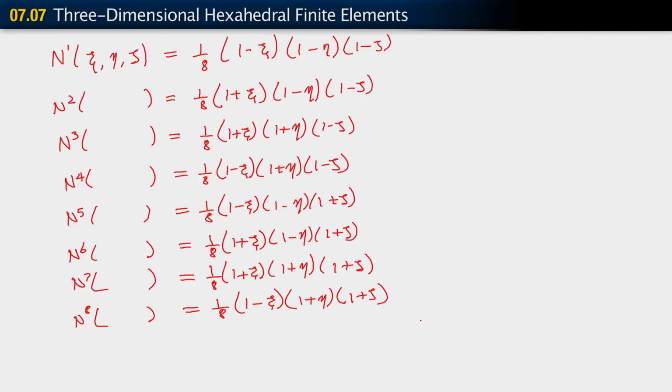Now, if you look at these, you will immediately see 2 properties that follow. From these, we directly get the Kronecker delta property: N_A evaluated at c_B, eta_B, zeta_B is equal to delta AB, the Kronecker delta.